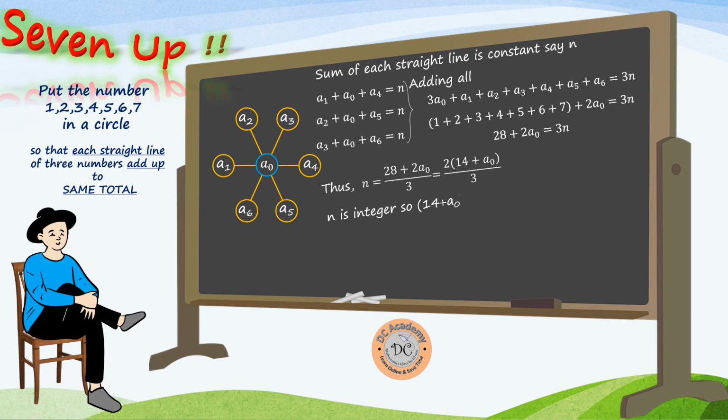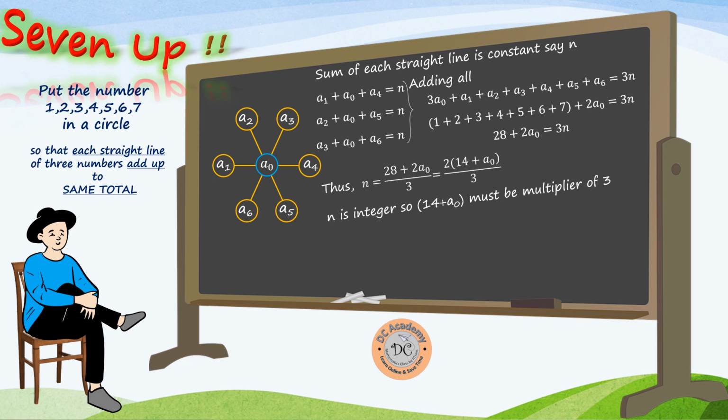So 14 plus a0 must be divisible by 3, a multiple of 3. Otherwise we get a fractional value. So I can choose a0 in such a way that 14 plus a0 is divisible by 3.